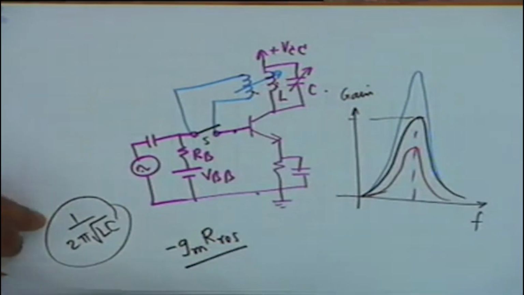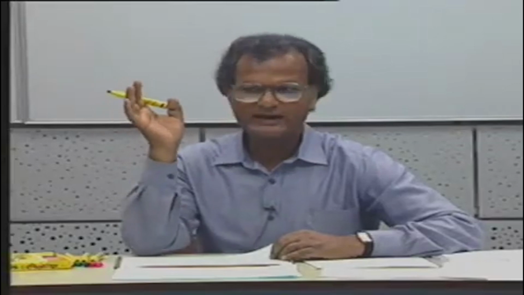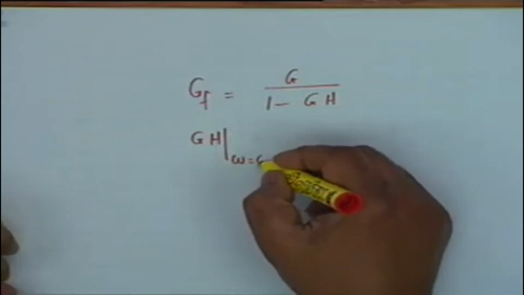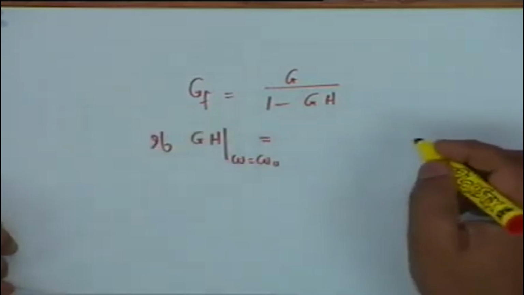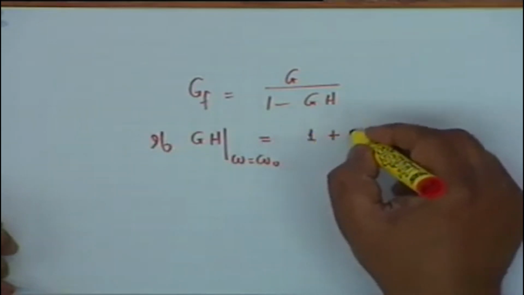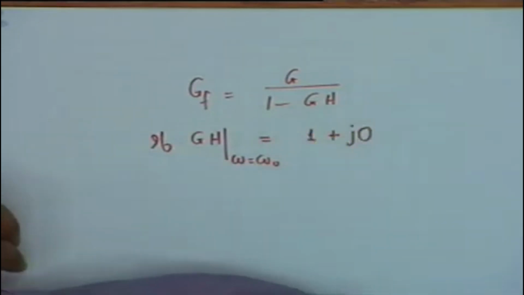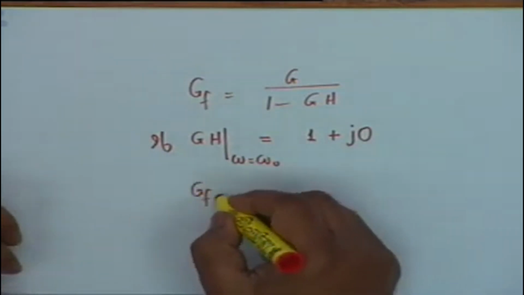On the other hand, there are systems in which G is frequency independent and H is frequency dependent. In either case, if at some frequency, let us say omega equal to omega 0, GH is equal to 1 plus j0, that is, if GH has a magnitude of 1 and an angle of 0 at some frequency, what do you think shall happen to Gf?